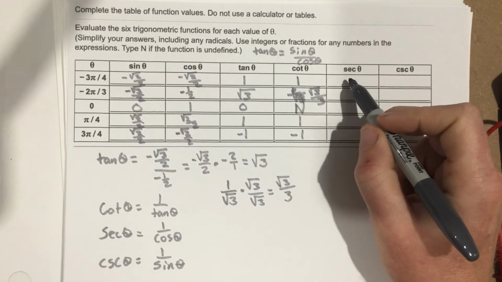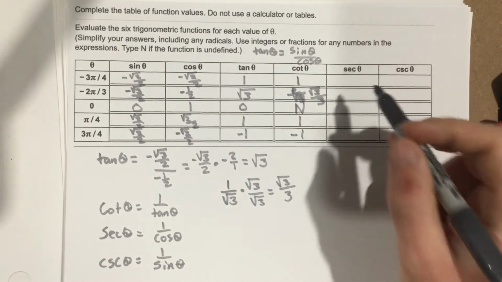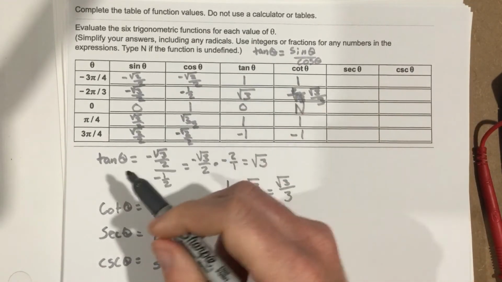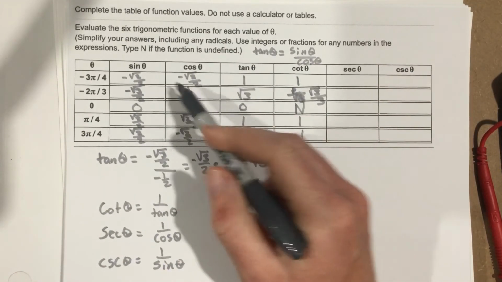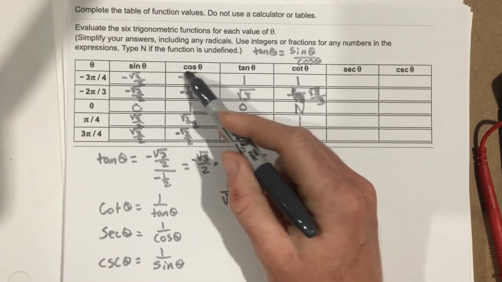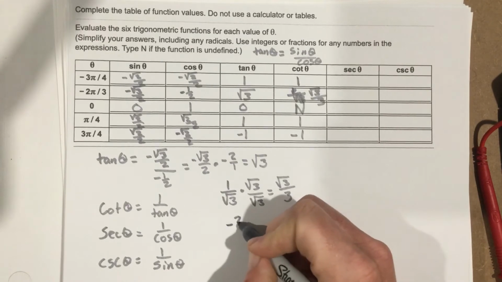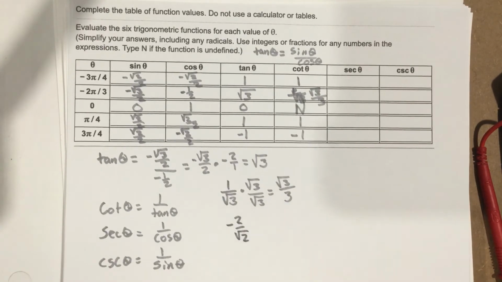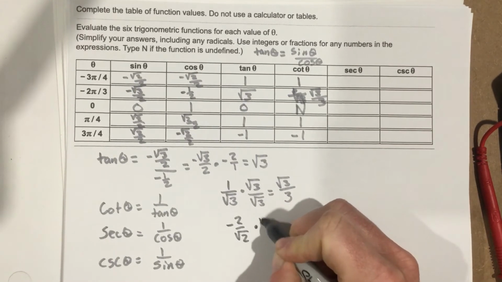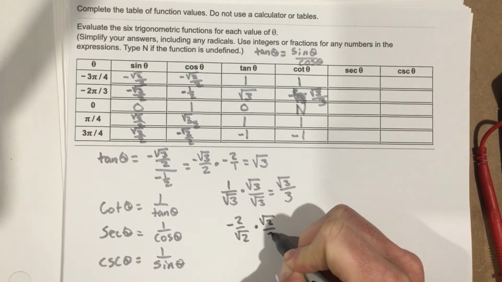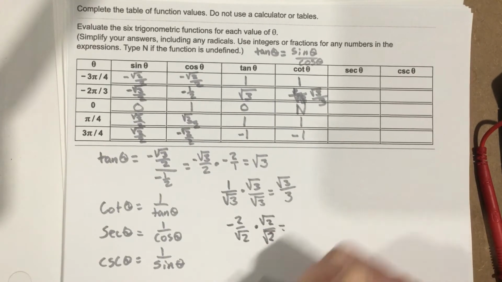Secant, then, is going to be the reciprocal of whatever cosine is. So I go to cosine, and I flip it, and I get negative 2 over root 2. I need to multiply by root 2 over root 2 to rationalize this denominator.